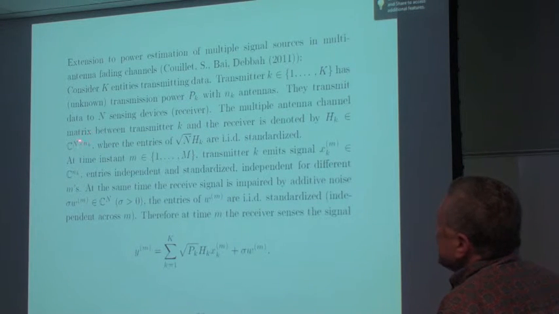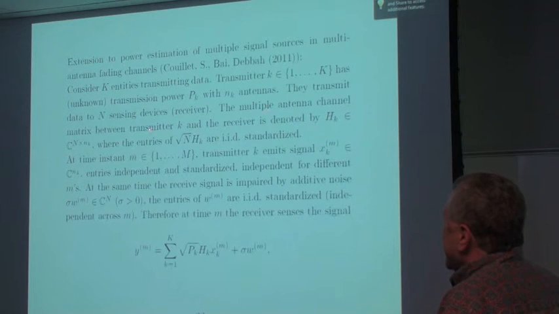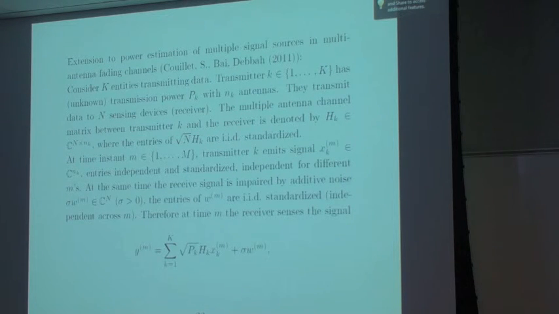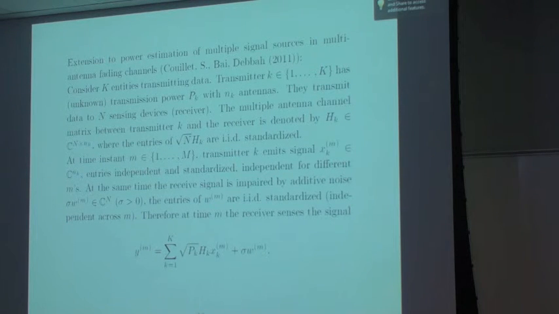And engineers have told me, this was known in the 80s, these fading channels are very well approximated by entries that are complex Gaussian. This is what comes in when a signal bounces off walls and splits up. The central limit theorem takes over.